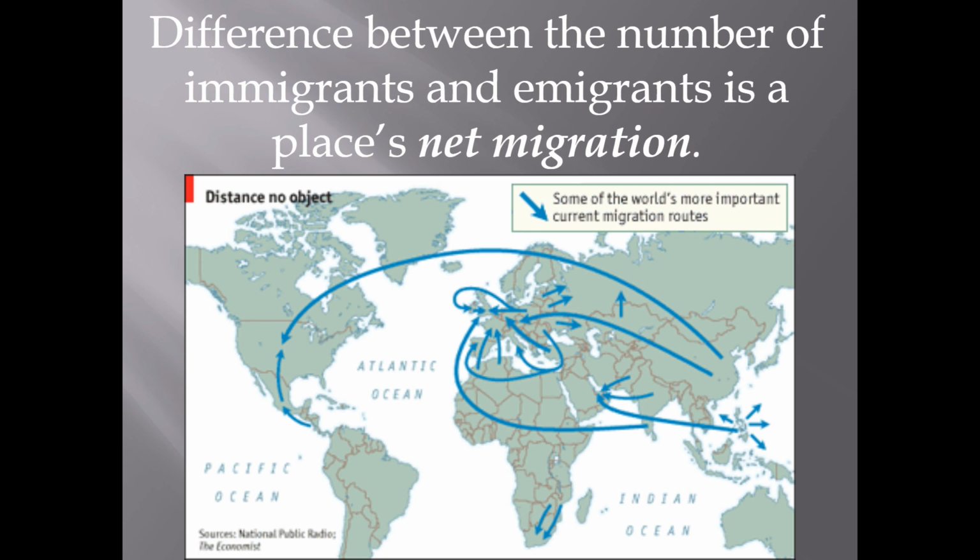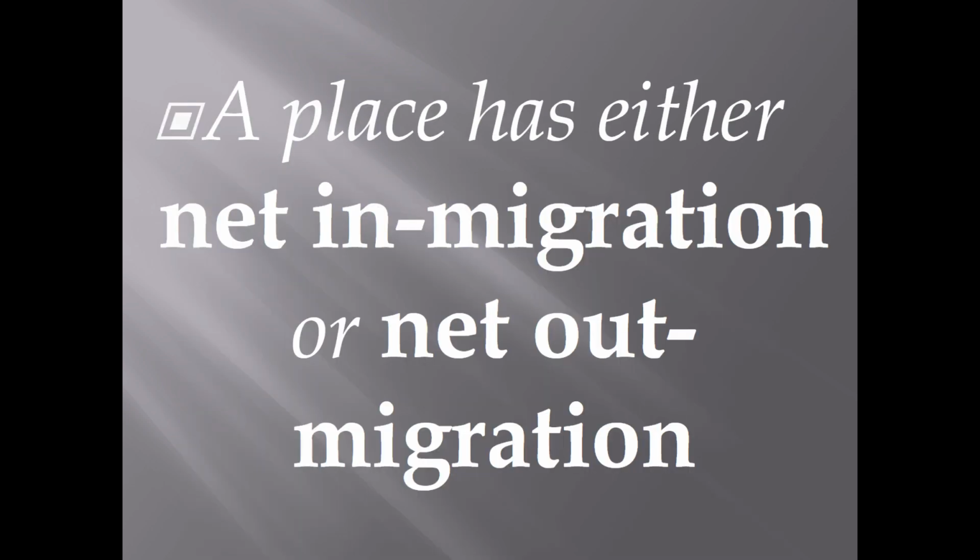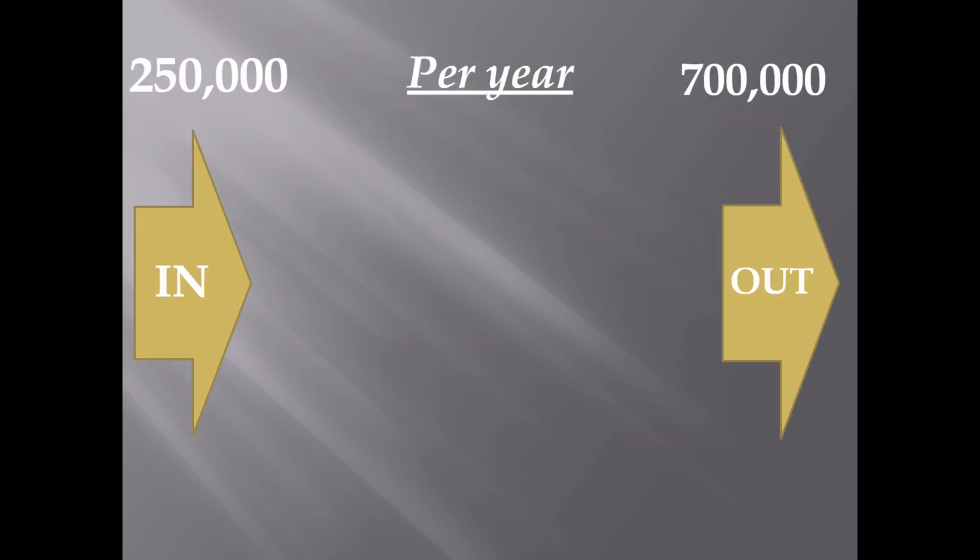If you have more people leaving, so you have more emigrants than you do immigrants arriving, then you're going to have a negative net migration, reflecting the fact that you are losing more people than you are gaining every single year. All right? So again, a place has either net in migration or net out. Net in means they're bringing in more people than they're losing. Net out means they're losing more than they are bringing in.